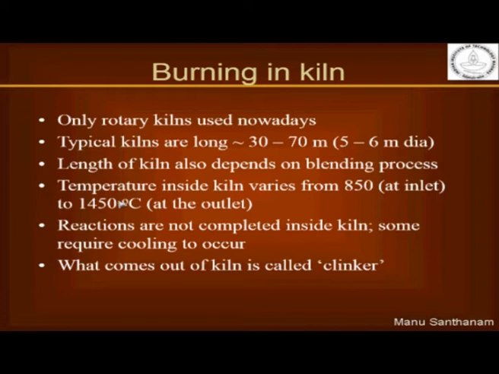So what you need to understand is the cement reactions, the reactions that form the cementitious compounds, do not get completed inside the kiln itself. The process actually completes only when this material comes out of the kiln and goes through the cooling process. What comes out of the kiln after cooling is called the clinker, cement clinker, and that's what goes in the final stages of cement manufacture, where it gets ground with gypsum and other additives to make your Portland cement.